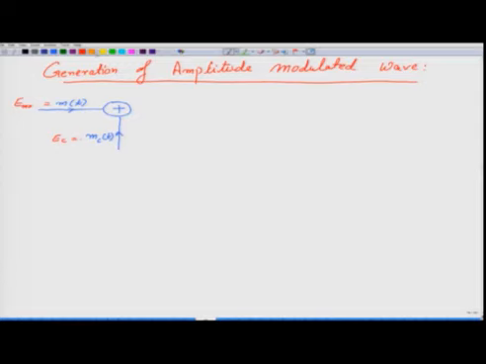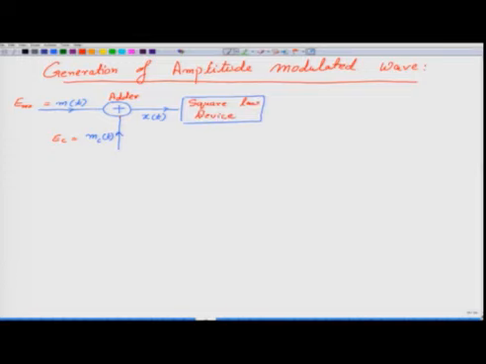So, this first of all goes to an adder which adds the two waves. The next block is a square law device. Once these two, mc(t) and m(t), are added, what we get, let us represent that as x(t), is basically mc(t) plus m(t). The second block is the square law device.